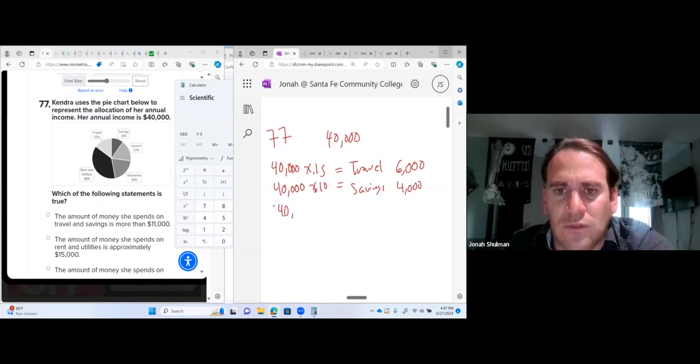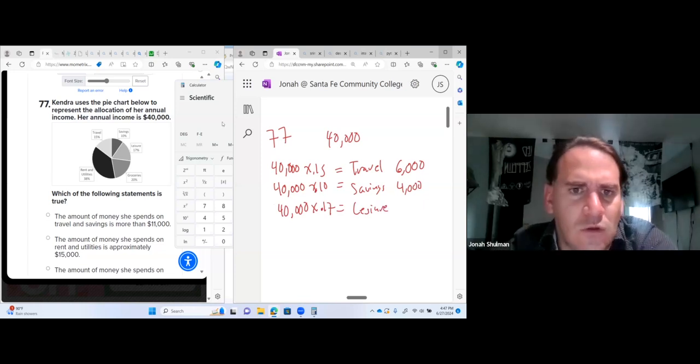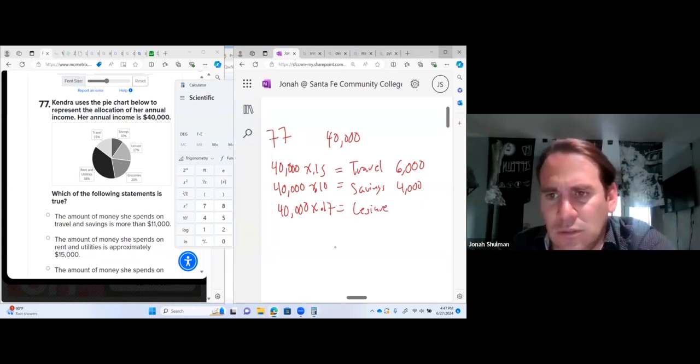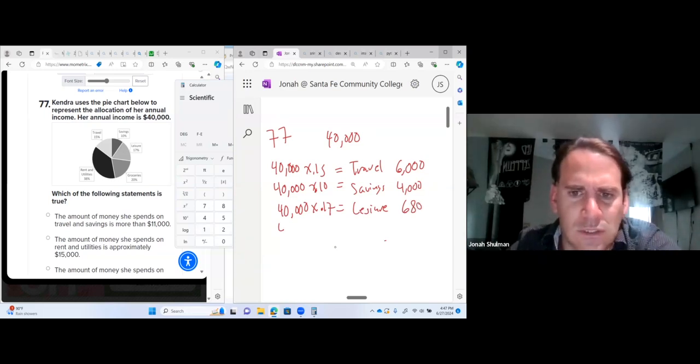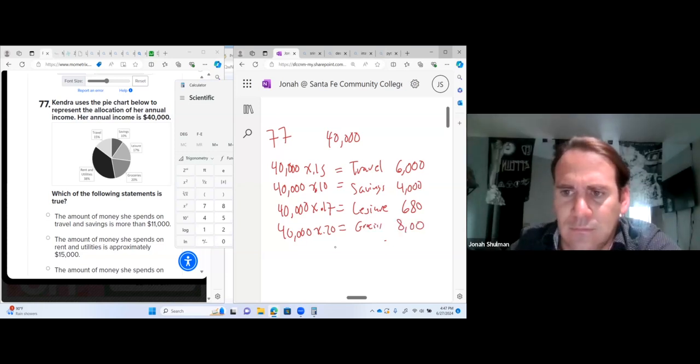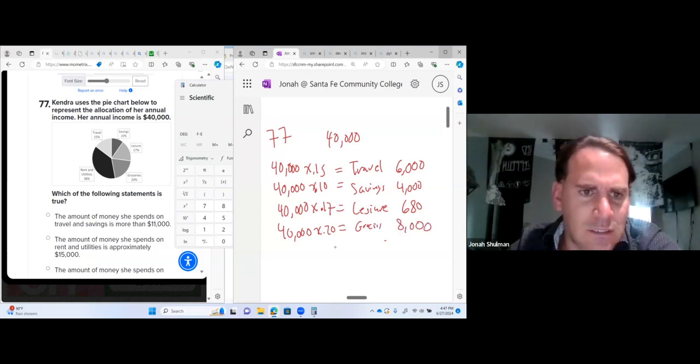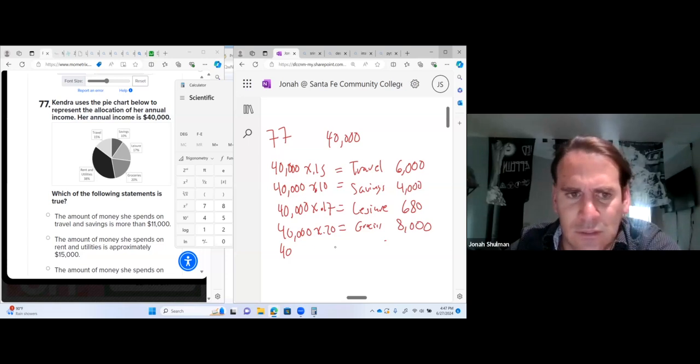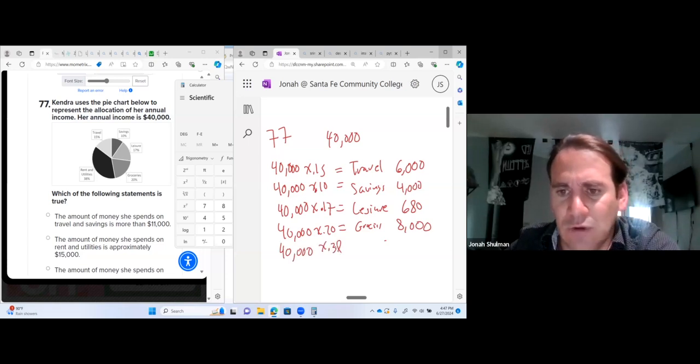So 40,000 times 0.17 is leisure, which was 6,800. Groceries is 40,000 times 0.20. So groceries is just double this, so it's 8,000. And finally, 40,000 times 0.38 is the rent.